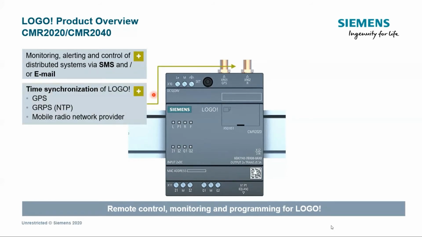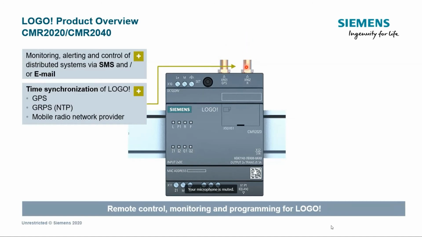It has the capability of doing time synchronization via GPS, because as you see here, this module has a GPS antenna and it has a mobile radio antenna. So you have the option, of course, to use only the mobile interface, or you can use both.